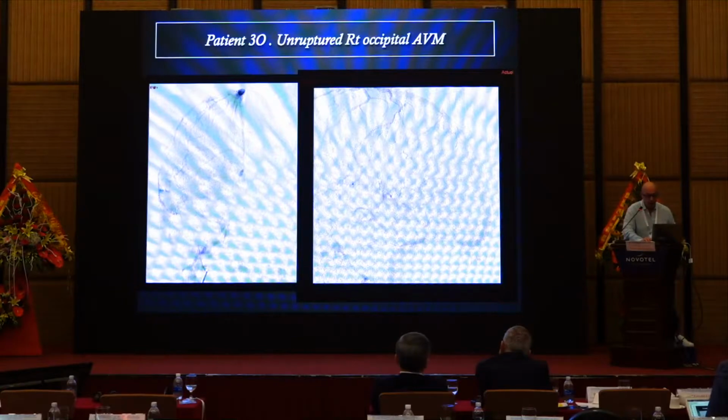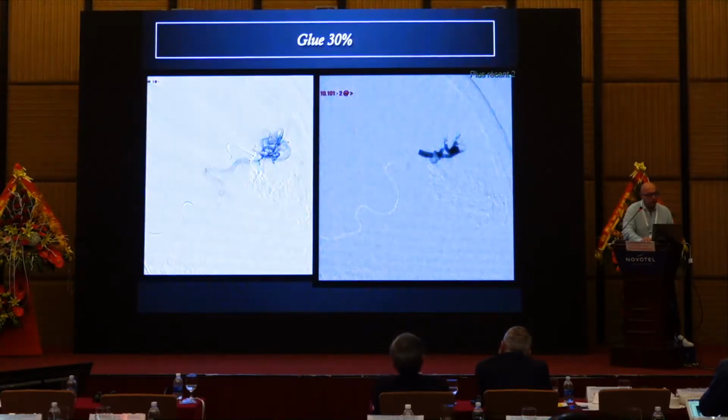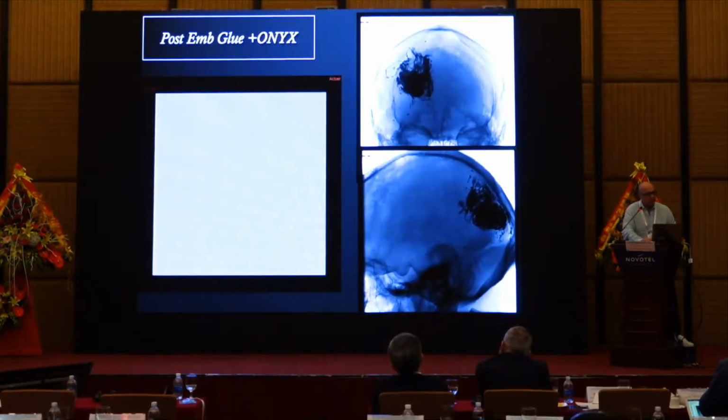This patient had seizures that are uncontrolled with medical treatment, and he's young, so we decided to treat him. The first thing that we did was to exclude all the fistulous pedicles of this AVM with glue. And this is after 4 sessions in total.